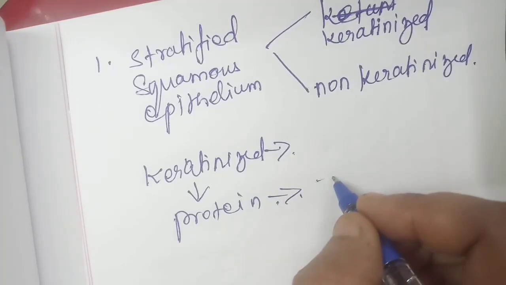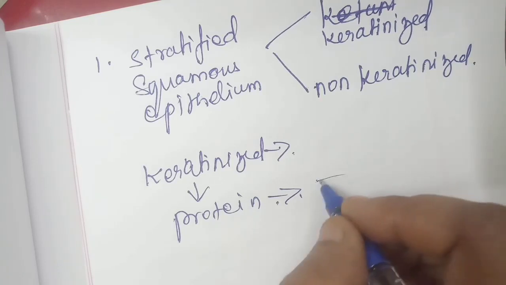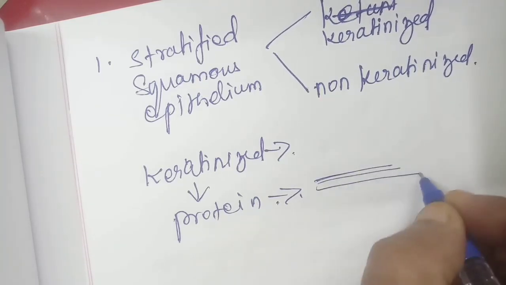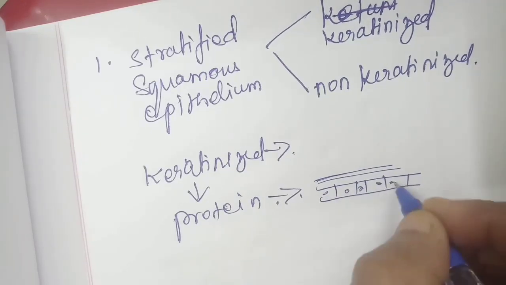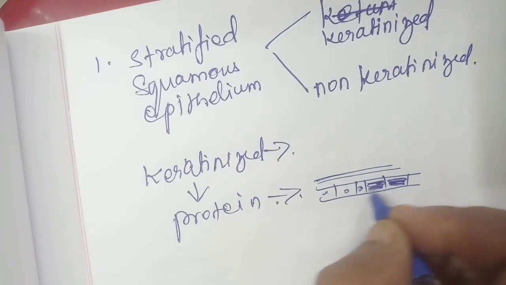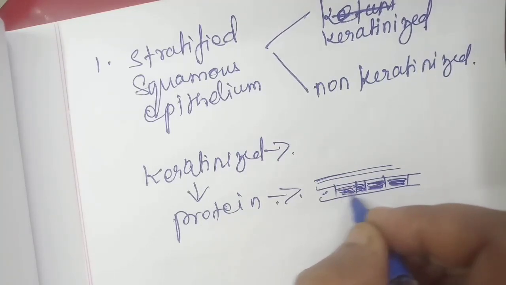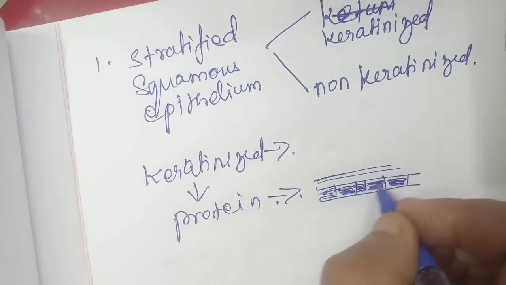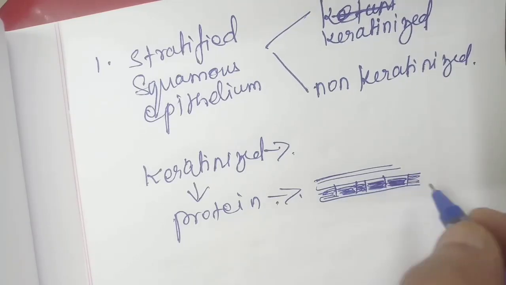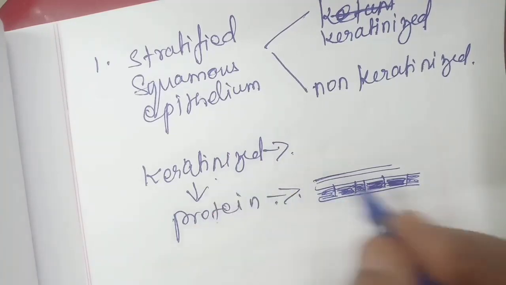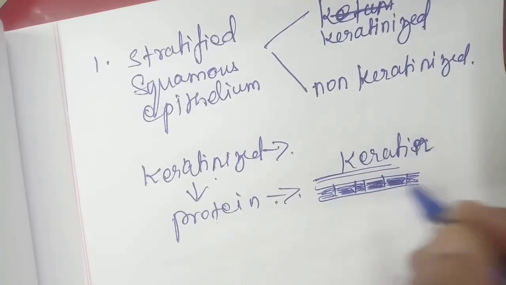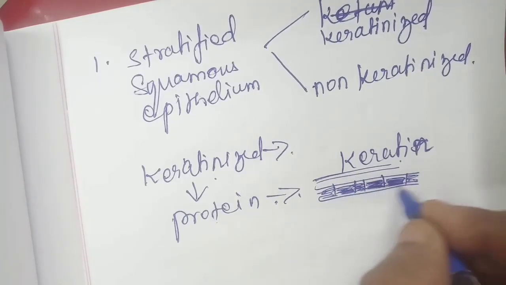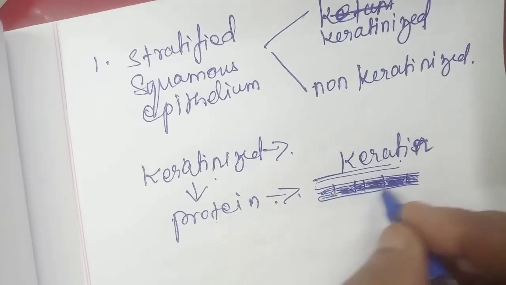The superficial cells will be dead cells. In these dead cells, the nucleus and other organelles are replaced by keratin. What is keratin? A protein. If the cells are filled with keratin, they are dead cells only.